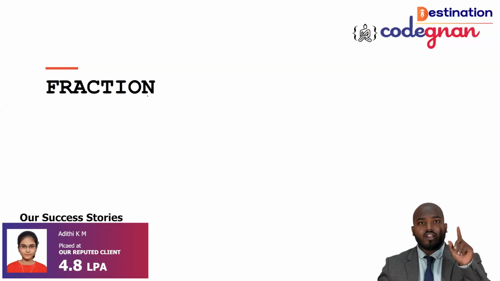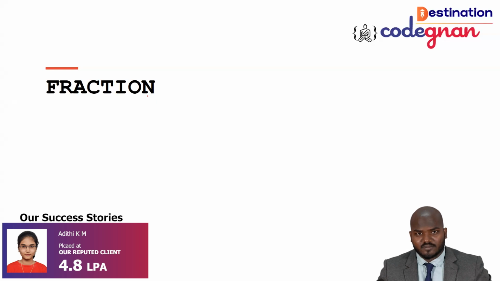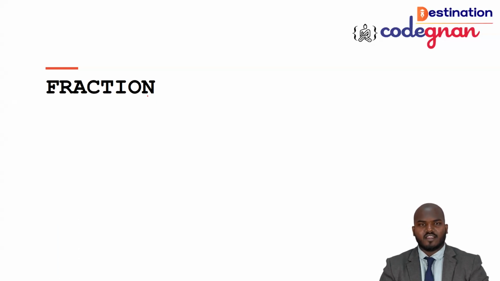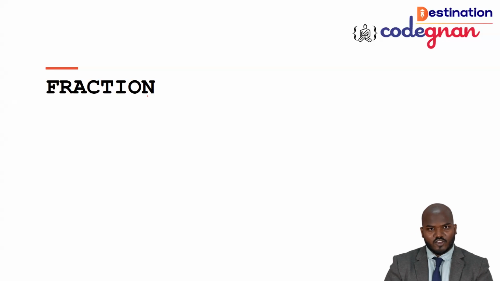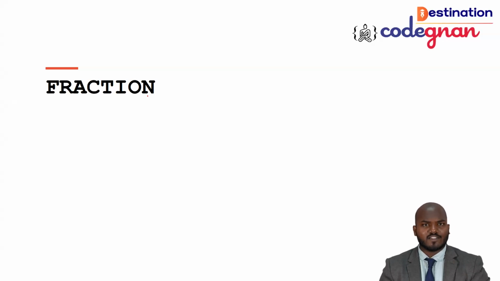Are you ready, guys? Okay. So first of all, can anyone tell me what is called a fraction? We will say numerator by denominator, or x by y, or p by q. But if you want to explain to a common person who doesn't know the terminology, how will you explain it?